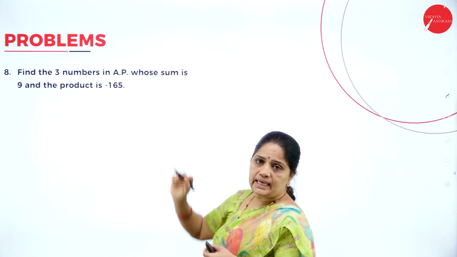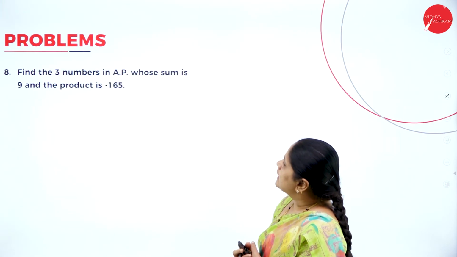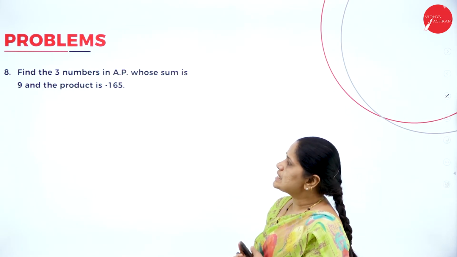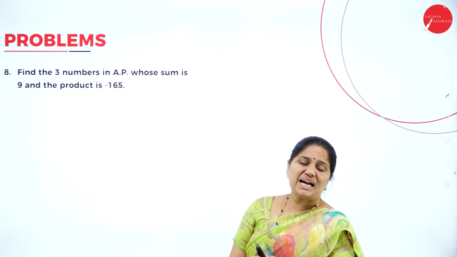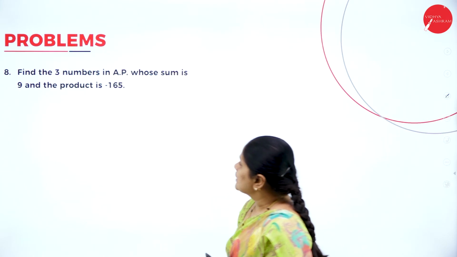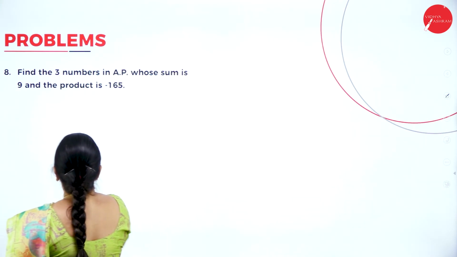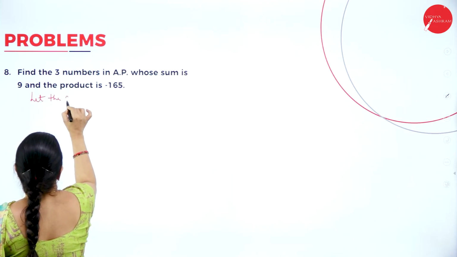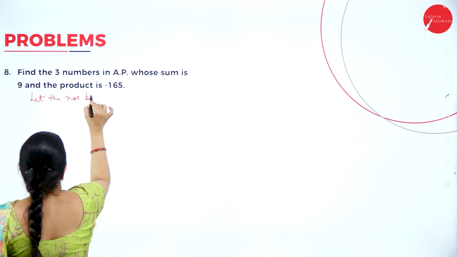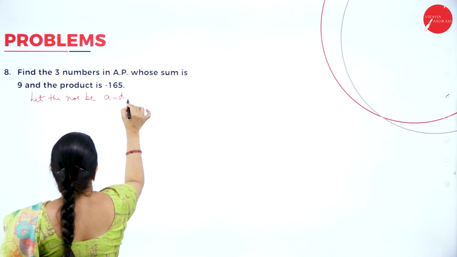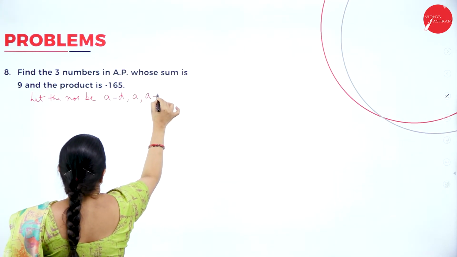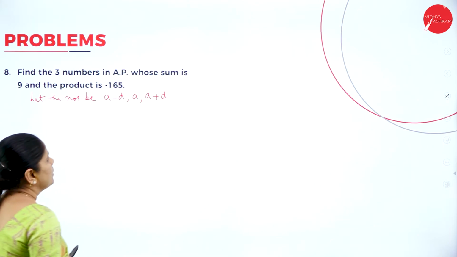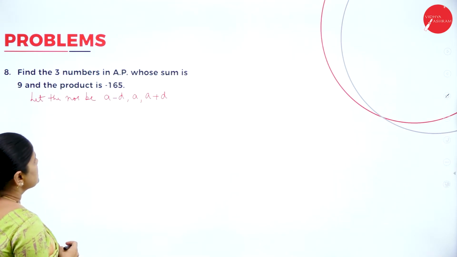Now, in the 8th problem, find the 3 numbers in AP whose sum is 9 and the product is minus 165. So, let the numbers be A minus D, A, A plus D, and whose sum is 9.